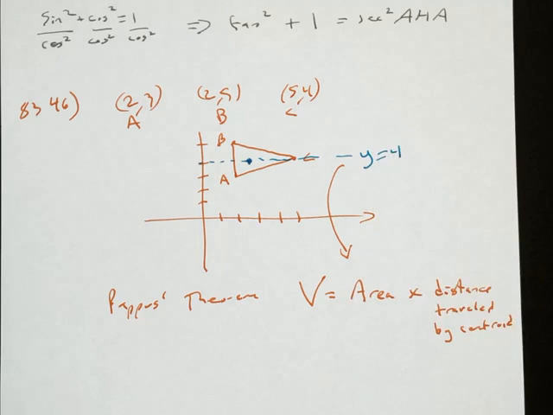Can you find the area of that triangle? 1/2 base times height, right? Now, think about what you're going to do. You're going to spin this. That point is going to move in what shape? Circle.